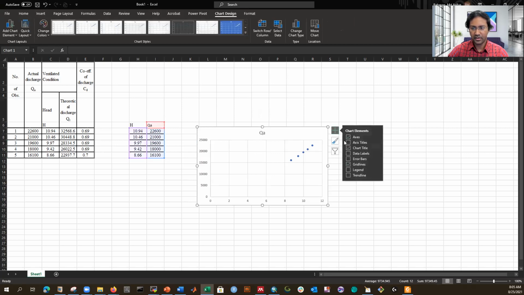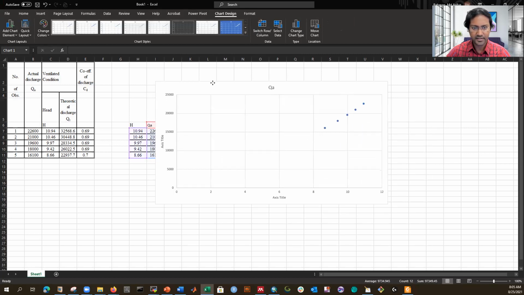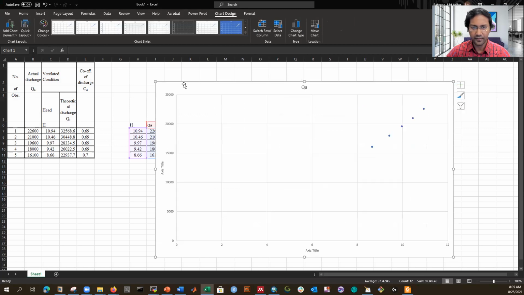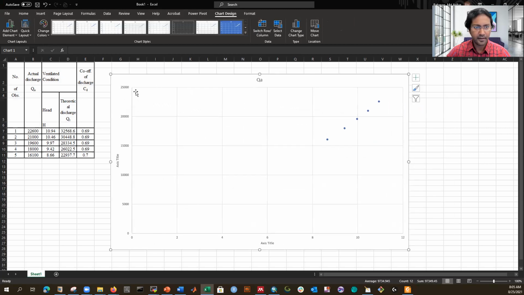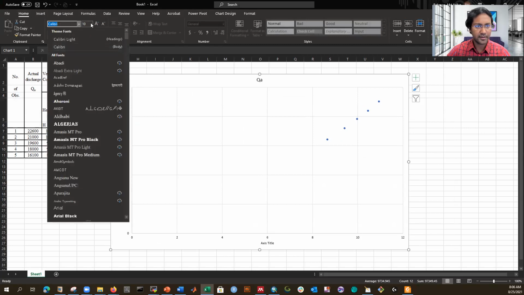So that is not the log graph paper. So what I have to do, I basically have to use log, right? So I'm just extending it a little bit this way so that you can see, and I'm just modifying from home and using that automatic color, and I'm just increasing it pretty quickly.